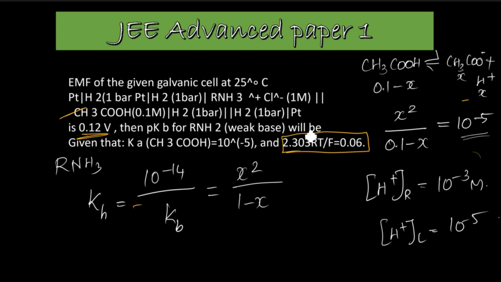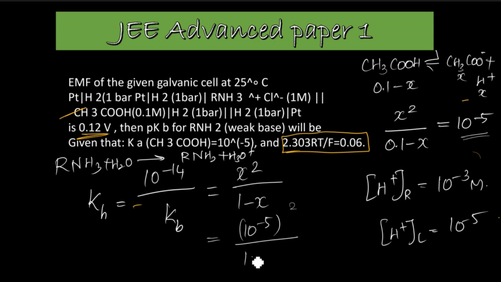Because x and x are formed. I'm writing the equation over here, RNH2 plus H3O plus, right? So let's substitute the values. So x value, which is 10 to the power minus 5 square, and 1 minus x, which is equal to 10 to the power minus 10.